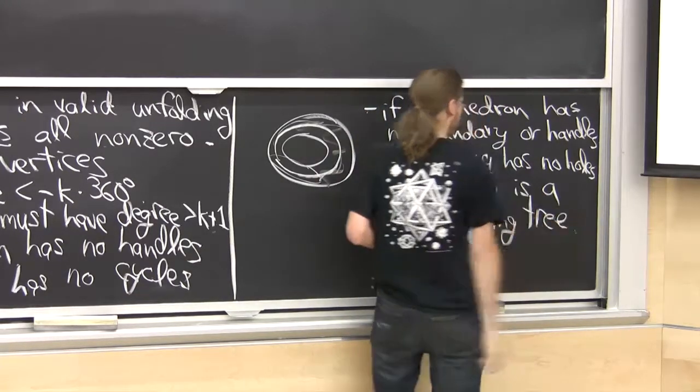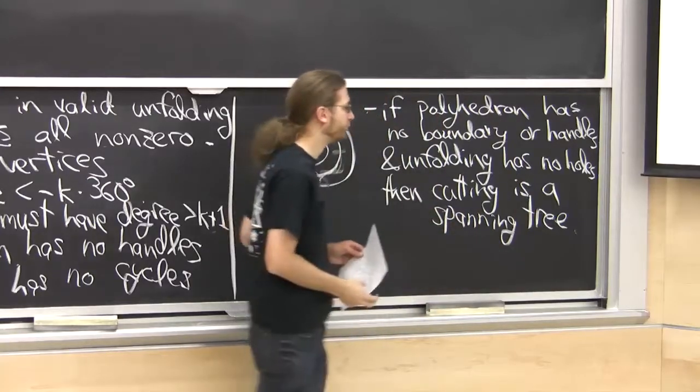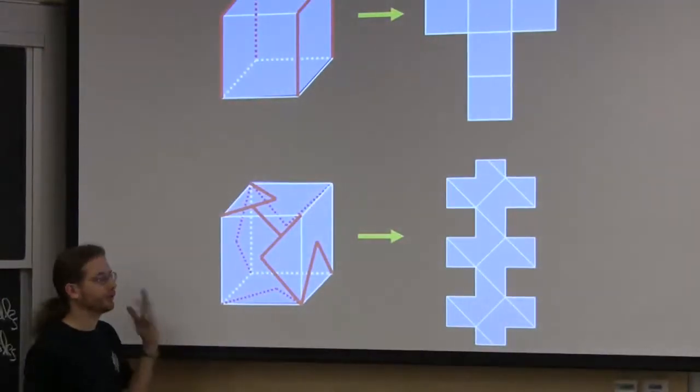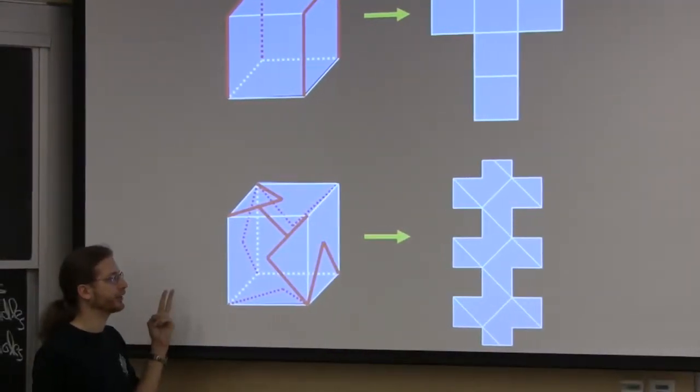Spanning tree is a concept we've used a few times. It's just a tree. In this case, it's got to visit all the vertices of non-zero curvature, and it's a tree. So it's connected, and it's acyclic.